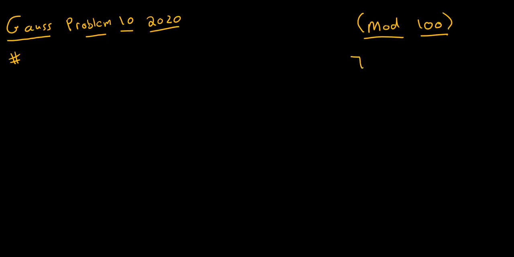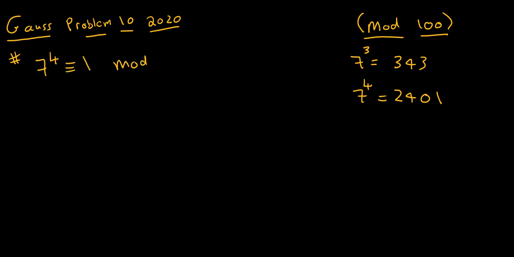So we've got 7 to the 3 is 343, and we've got 7 to the 4, which is 2401. Okay, so mod 100, we need 01. So we know that 7 to the 4 is congruent to 1 mod 100.